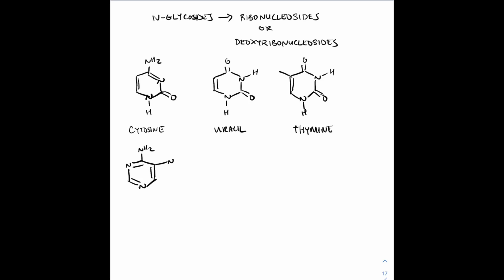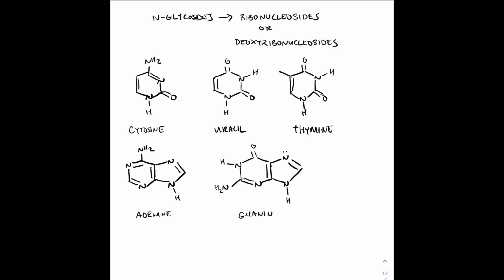These are going to be your adenine and your guanine. And again, made from two very similar structures, with the two heterocycles fused together. Remember, a heterocycle is a ring containing heteroatoms, meaning not carbon.